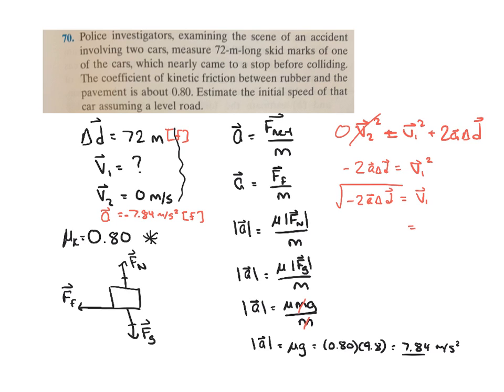Okay, now I can fill in the values. And put it in the calculator. And that gives me 34 meters per second.